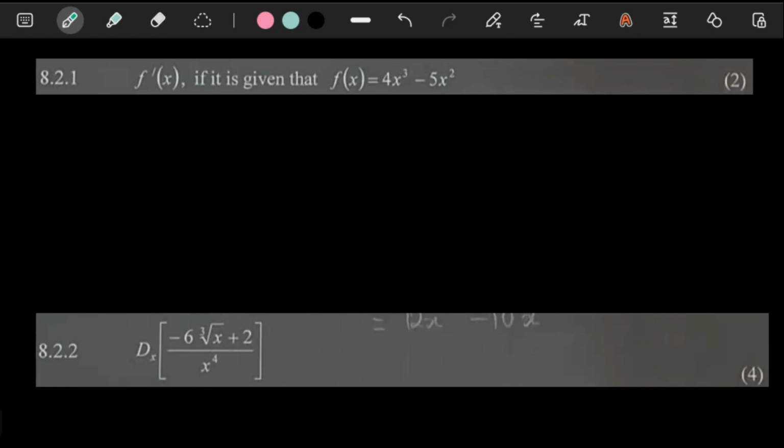For a question like this one, you're just going to have f, and then 4 times 3, which is 12. Remove 1 from the exponent there. 2 times negative 5 is negative 10. And then that's it, you're done.